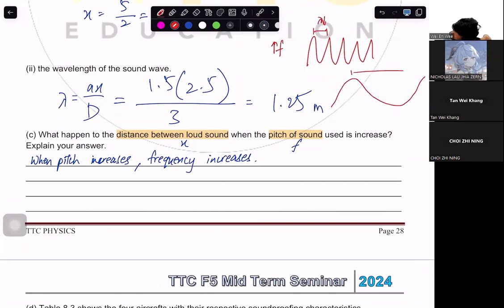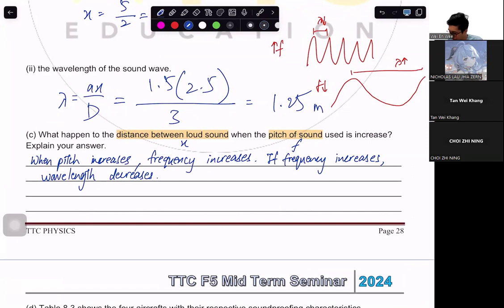This is low frequency, you can see the wavelength is very long. So frequency and wavelength are opposite to each other. So if the frequency increases, wavelength decreases.